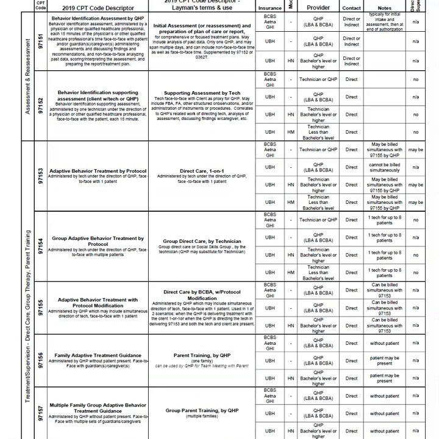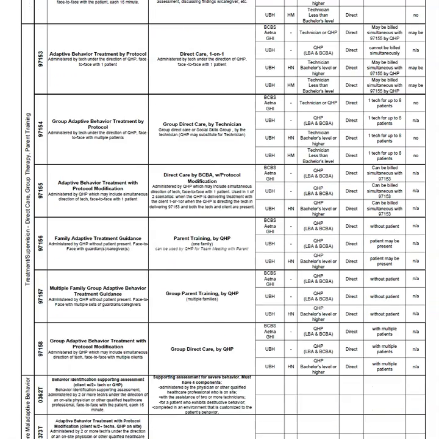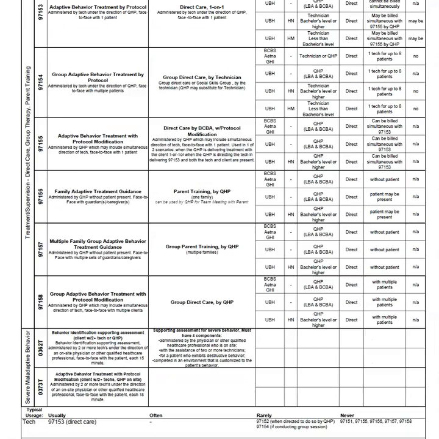Scrolling down, we'll take a look at a couple of the other codes. We already mentioned 97156 is Family Adaptive Treatment Guidance, parent training with one family. But there's 97157 when we're doing a group parent training, also only provided by the QHP. 97158 is Group Direct Care, and that could also be known as a social skills group, also done by the QHP.